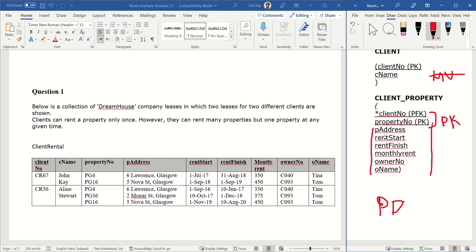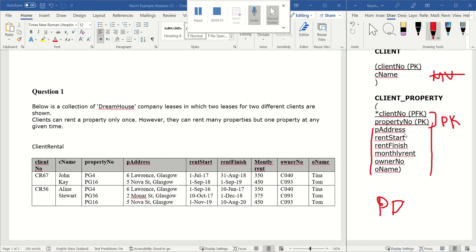We need to check which of these are partially dependent upon the composite primary key. When we look at P address, it is very clear that it is dependent upon property number. There is a partial dependency, because for determining the P address we don't require this combination. P address is fully functionally dependent upon property number. It doesn't require client number.